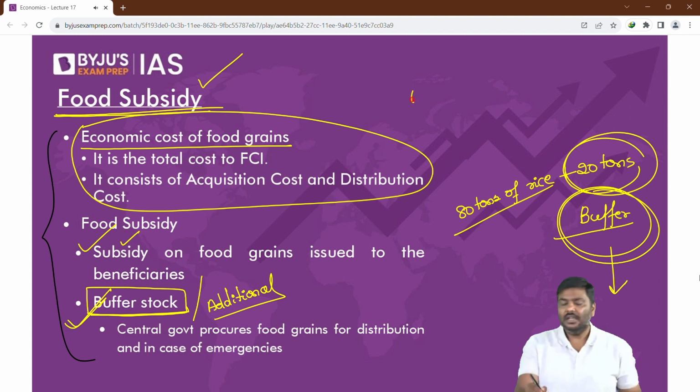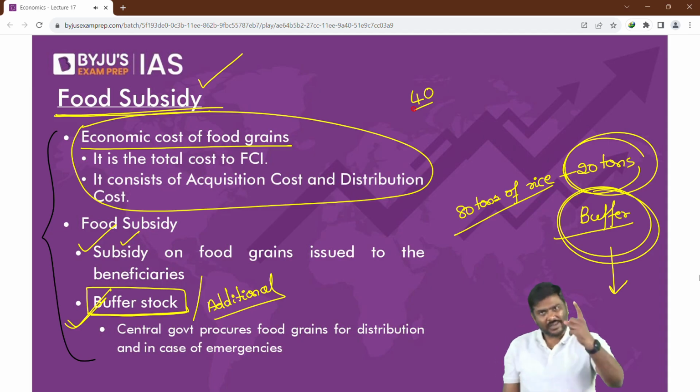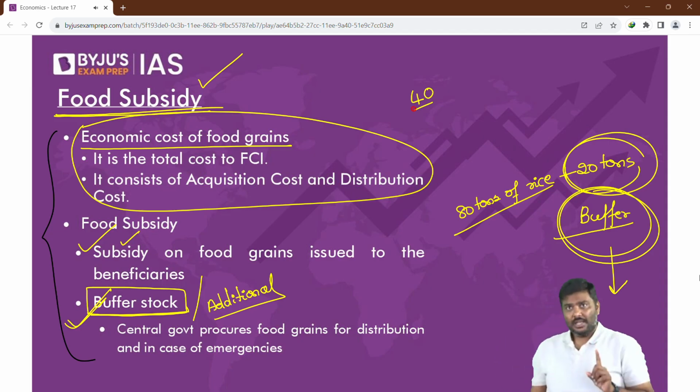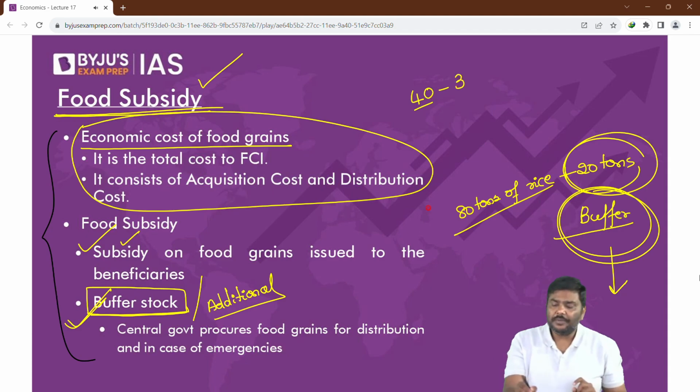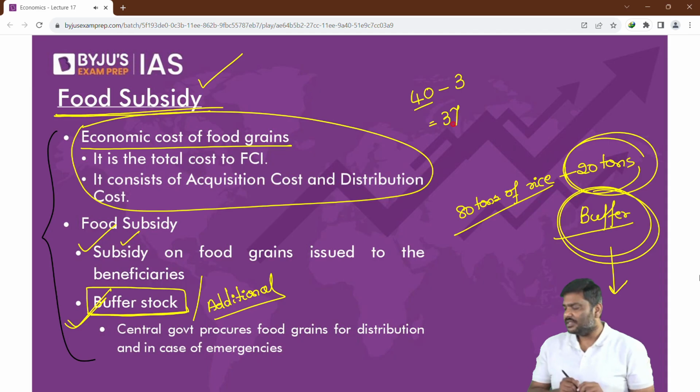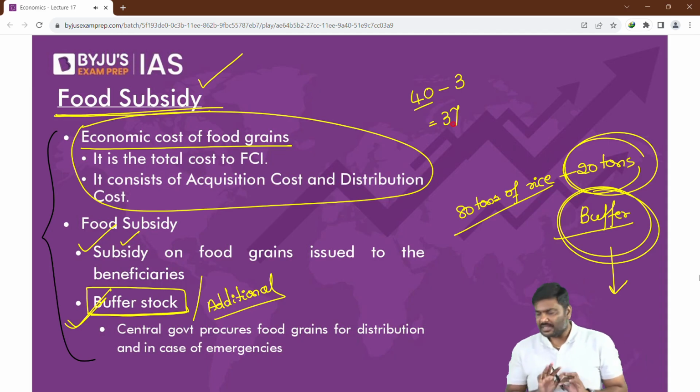Meaning what, sir? Let me take a very simple example. Imagine the economic cost of food grain for 1 kg of rice is 40 rupees. What if the government sells it to you at 3 rupees?